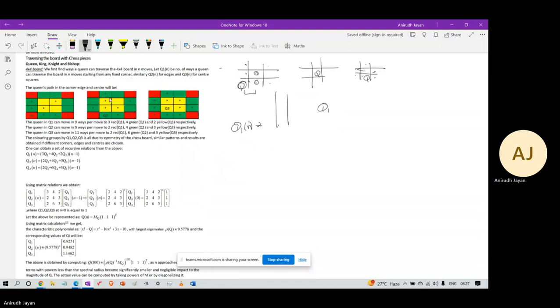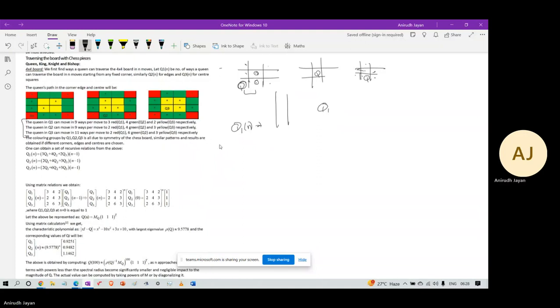Similarly, for Q2 as well, 9 different moves. Q3 has 11: 3 from the center, 2 on the corners, and the remaining 6 on the edges. The following describes the moves of the queen.